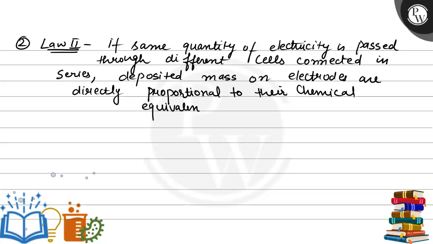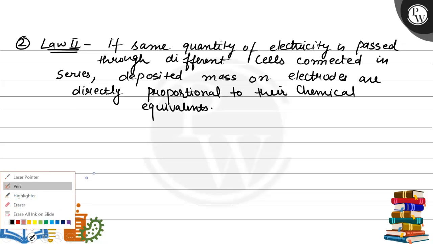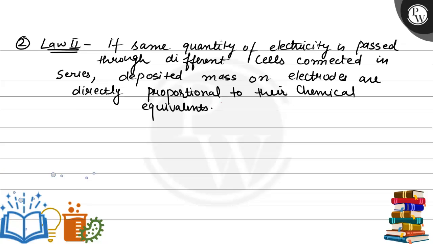So according to this law, if we pass the same quantity of electricity through different electrolytic cells, if they are connected in series, then the deposited mass on the electrodes will be directly proportional to their chemical equivalent, and chemical equivalents are denoted as E. So let us consider W1 and W2, the masses deposited on electrodes.